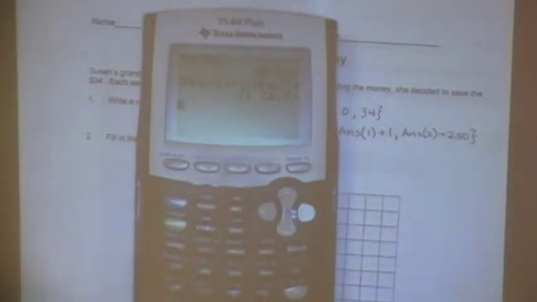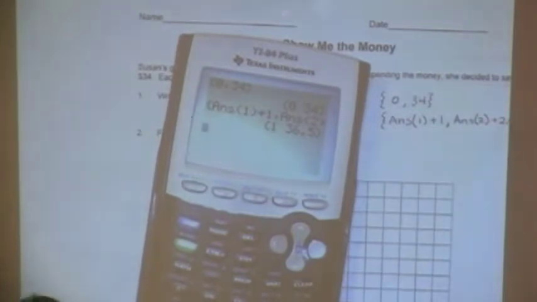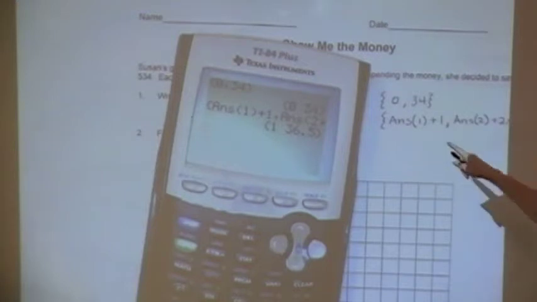Now I know you could have done that in your head, but if you'll look down at week 21, at number 8, it tells me to do 21. Now I know you could have just done 34 plus 2.50 plus 2.50 plus 2.50, but you would have had to keep track in your head. 1, 2, 3, 4, 5, and 21 is too many to go on one screen.